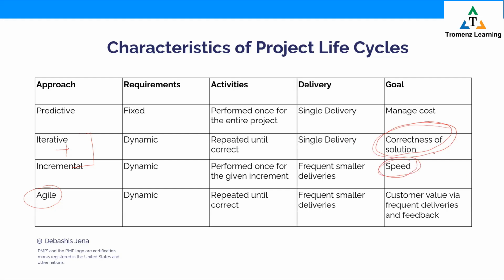That's what is written in different language: providing customer value by frequent deliveries and feedback. So by frequent deliveries, the speed, and through feedback, correctness of solution. So Agile, the goal is both excellent product and deliver fast.